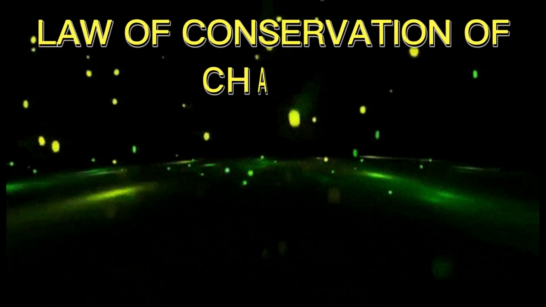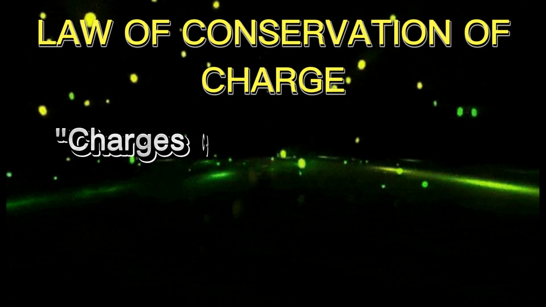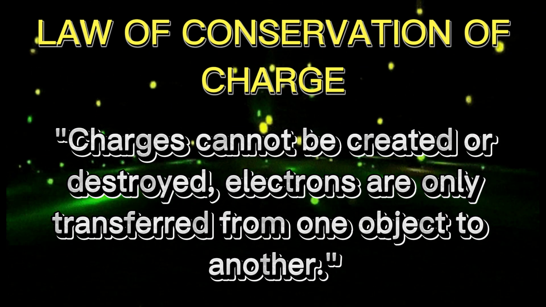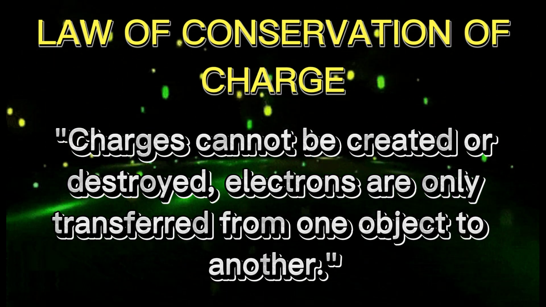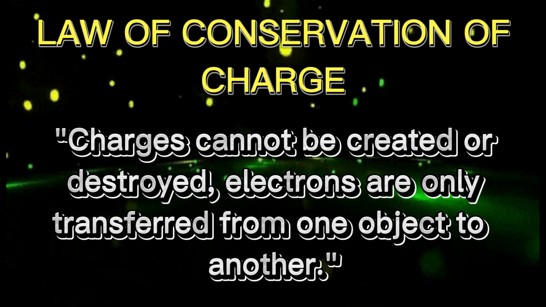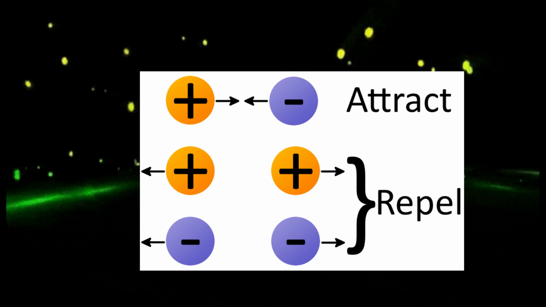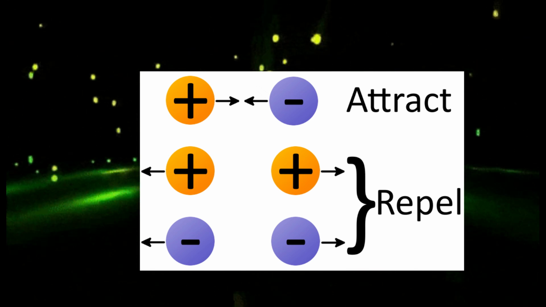All of these charges follow the law of conservation of charge. It says charges cannot be created or destroyed. Electrons are only transferred from one object to another. The attraction or repulsion between electric charges is called electric force.